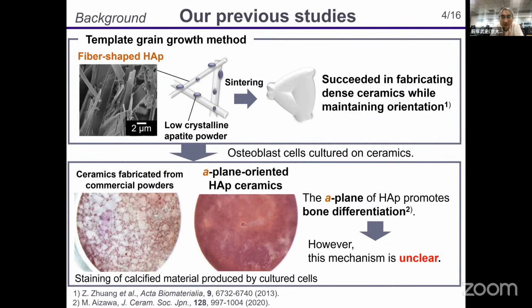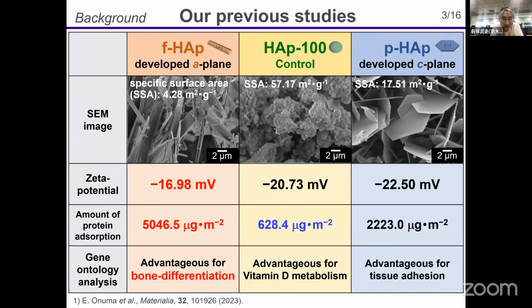I want to know whether every time the same proteins would be absorbed on the apatite or oriented apatite. You showed some specific proteins in your slide, right? I want to know the number of proteins, and the error bar, something like that.